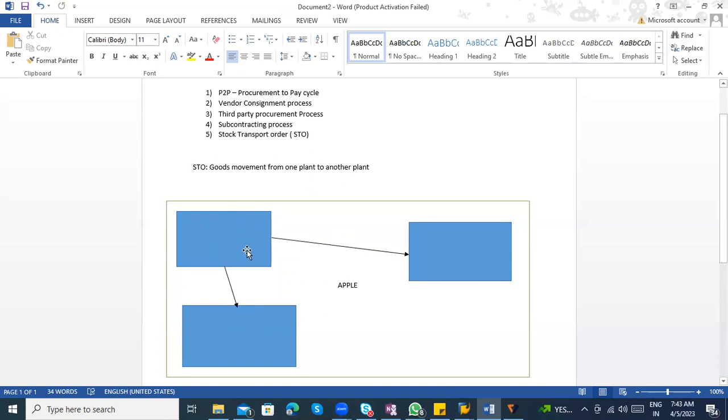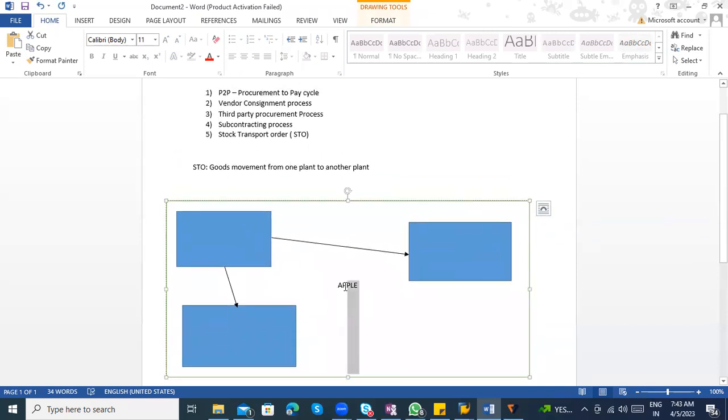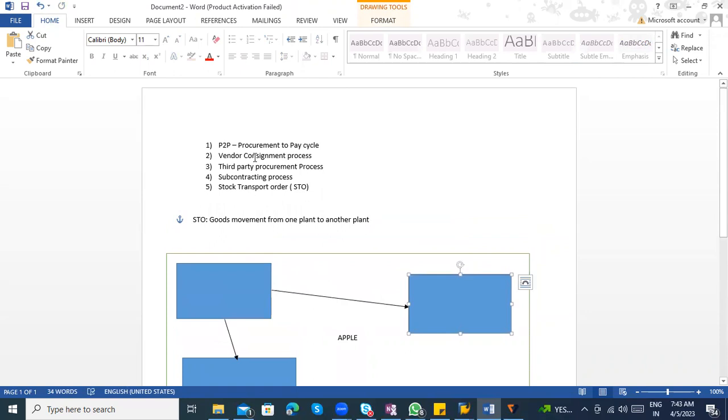So in the SAP system, how will you be handling the stock from this plant to another plant, and what are the process steps here? Because if you see that Apple is my own company, it's a single company, and this is my plant and this is my plant. Earlier, with the P2P cycle, vendor consignment, third party, subcontracting, these were all external vendors, right?